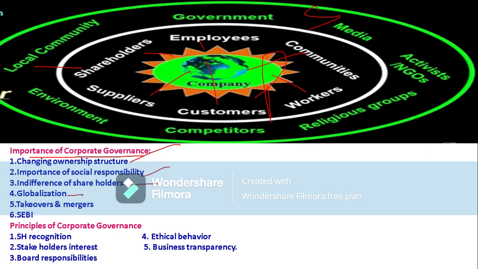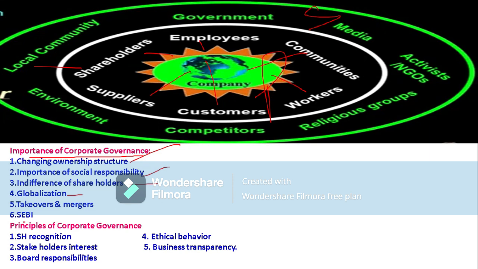So that is very, very important. And takeovers and mergers, as I said before, whoever is taking over, if there is corporate governance, they will confidently and comfortably take over that particular company without any hesitation. So for that purpose also this is very important.